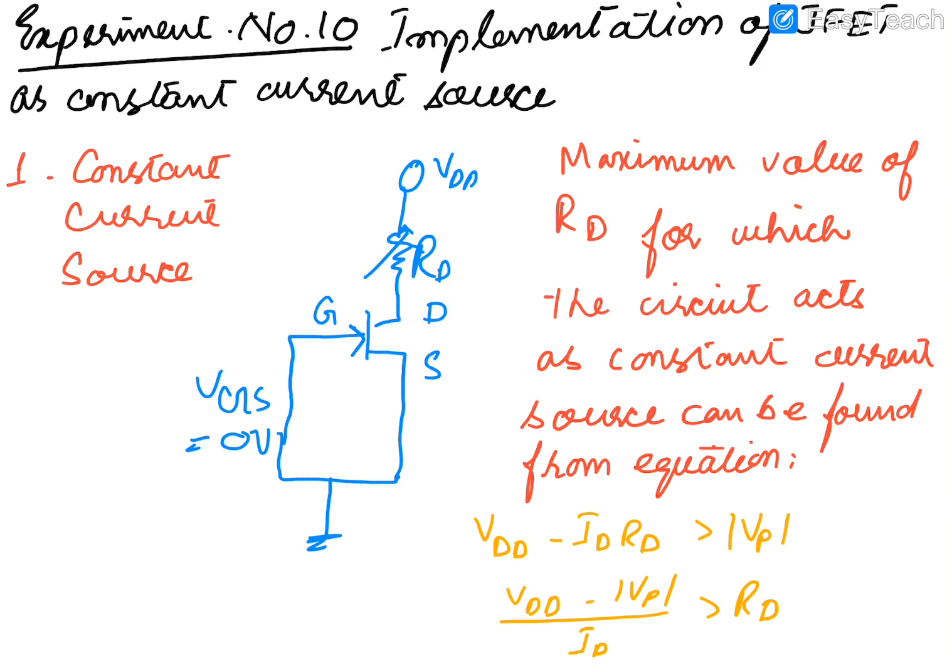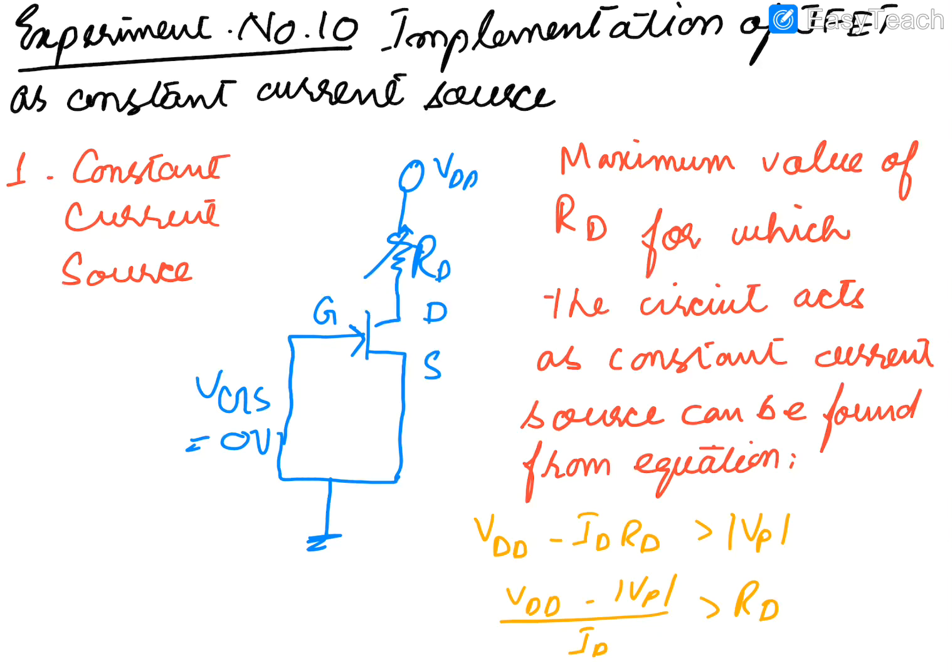You have already studied in theory that JFET can be used as a constant current source as its current remains constant in saturation region where the value of VDS is greater than VP.